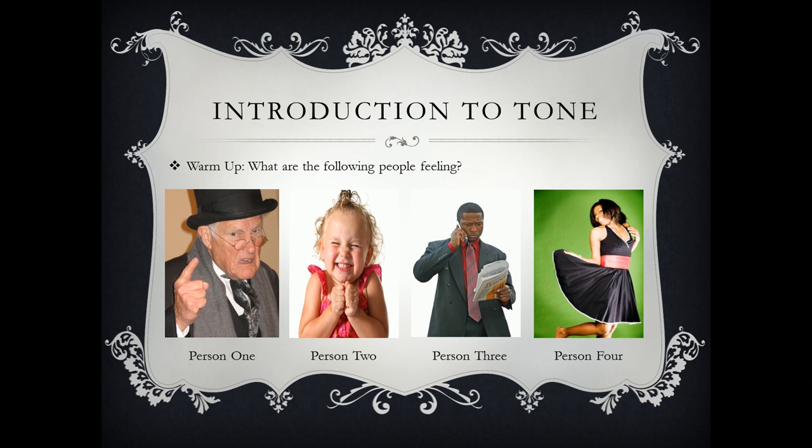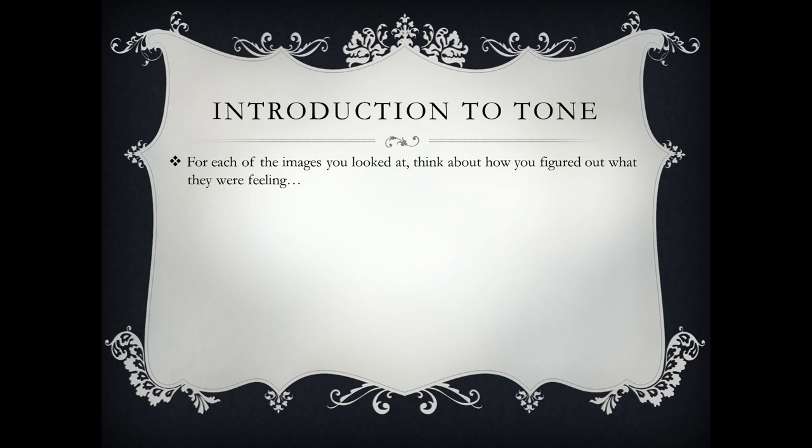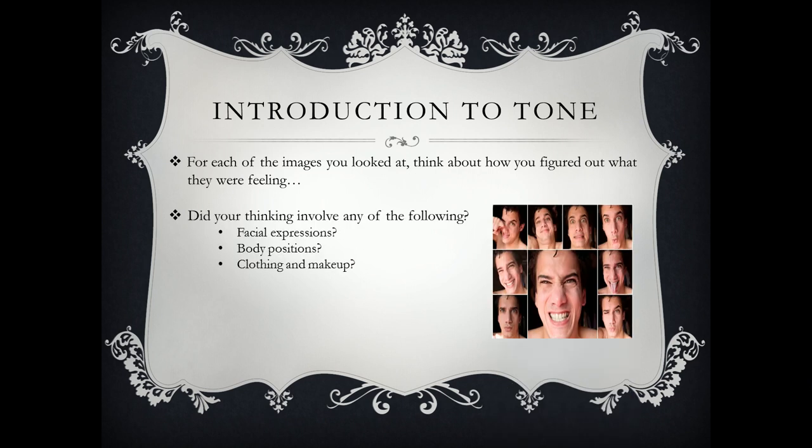So when you've written down some descriptors or some words to just describe how these people are feeling, go ahead and follow along in the podcast. So for each of the pictures that we just looked at, I want you to think about how you figured out what they were feeling. I'll give you some options here.